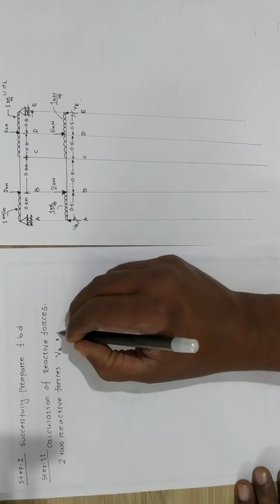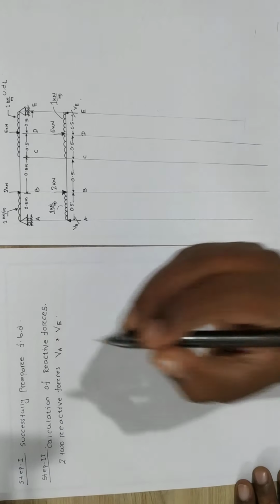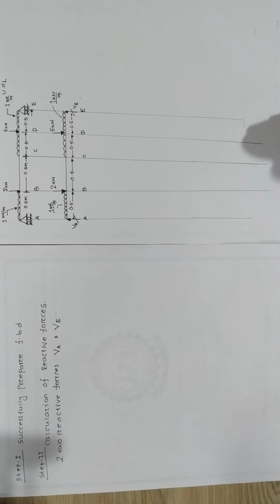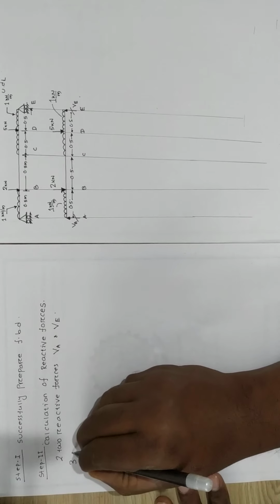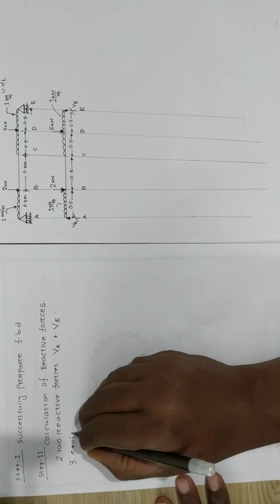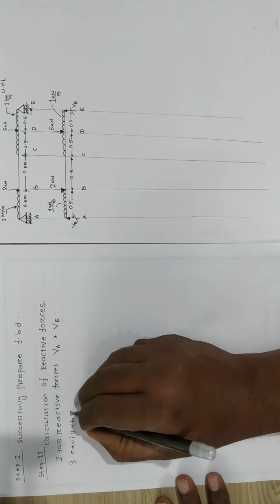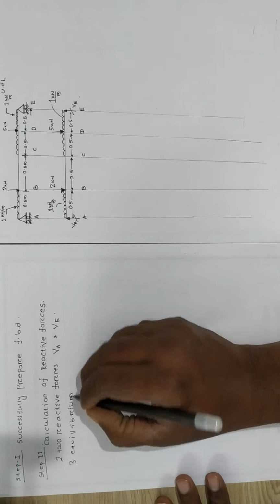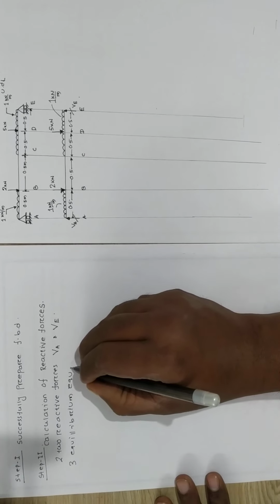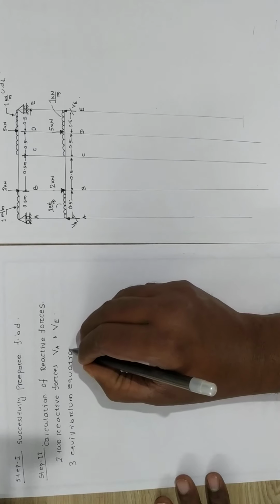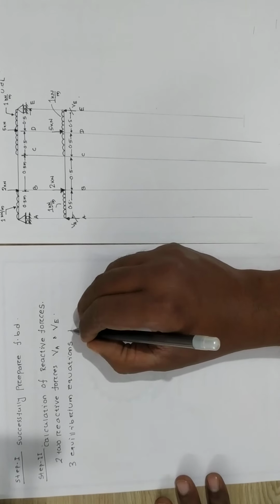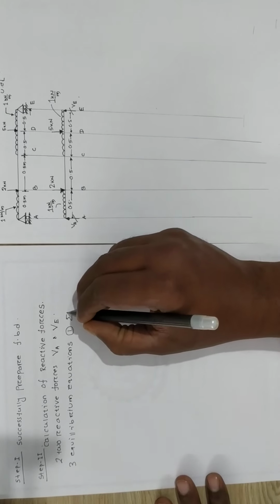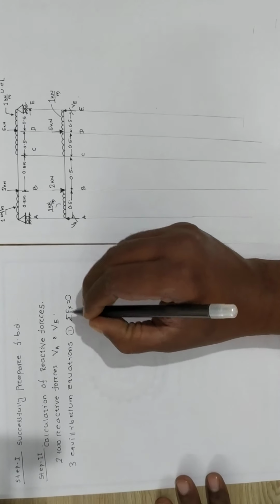VA and VE. Okay. So what are the equilibrium equations? We have got three equilibrium equations. What are those? Number one is summation of Fx is equal to 0.